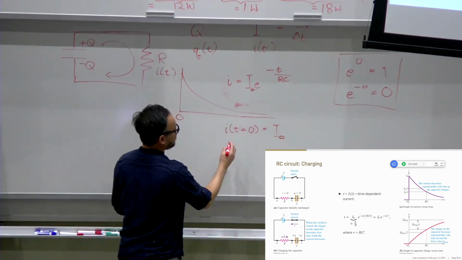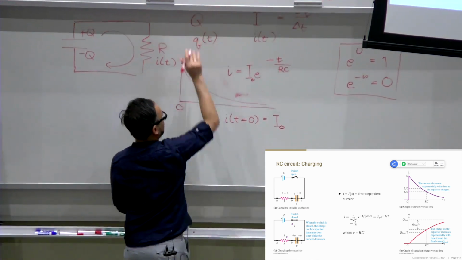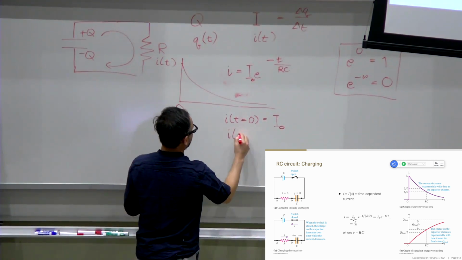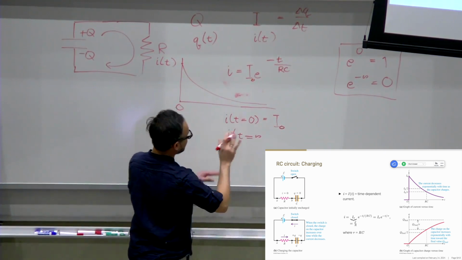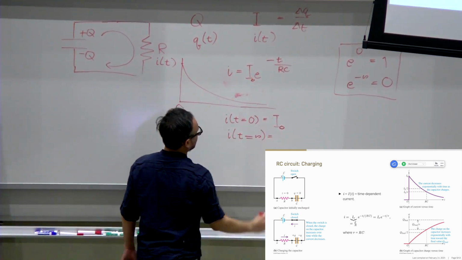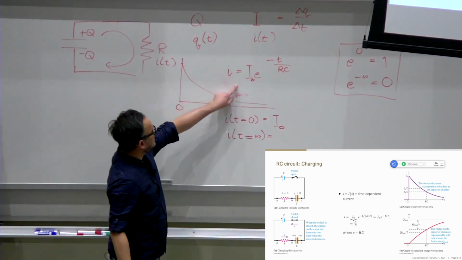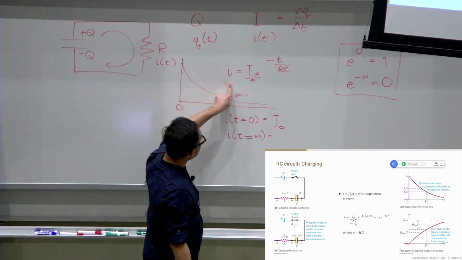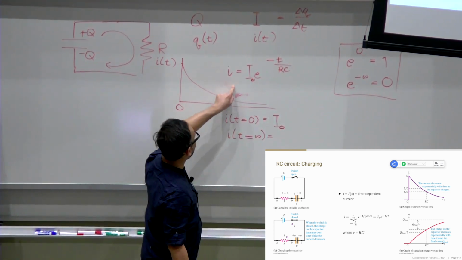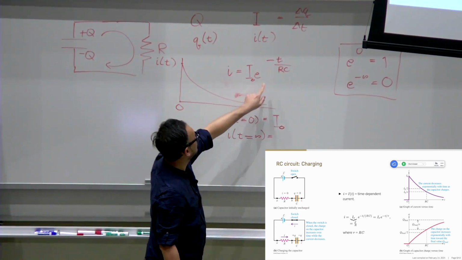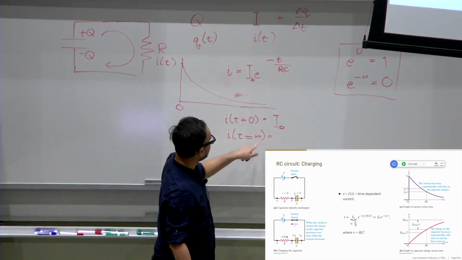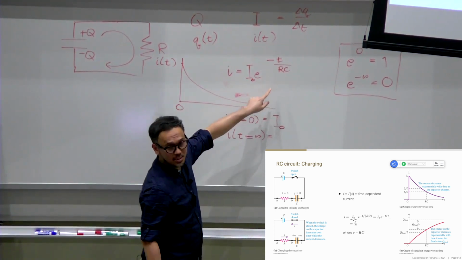So basically, if you wait long enough, time basically approaches infinity. So what is this? The time dependent current, or small i, is equal to I naught times e to the minus infinity divided by RC.